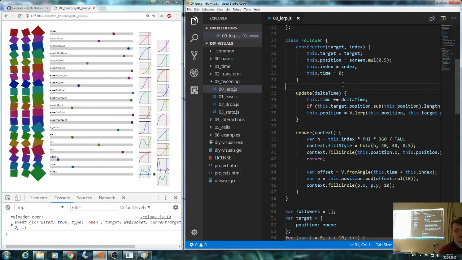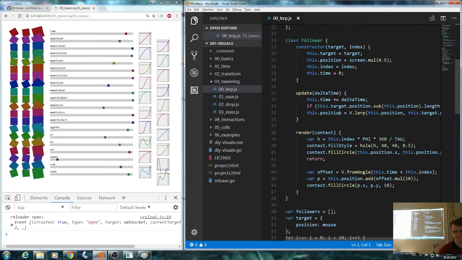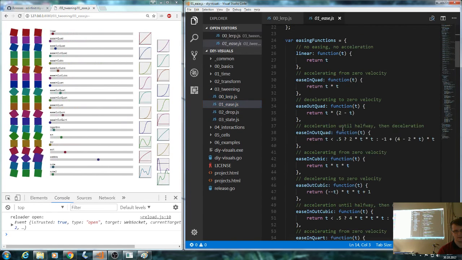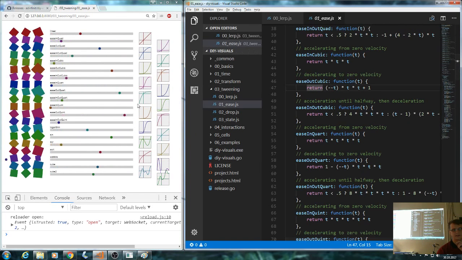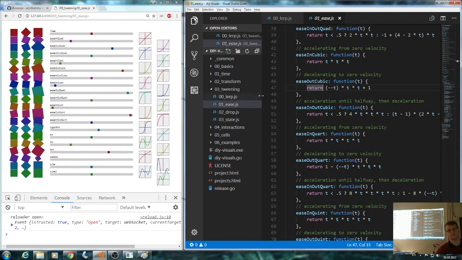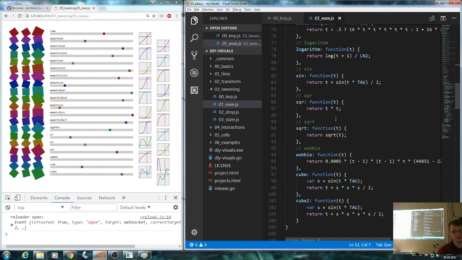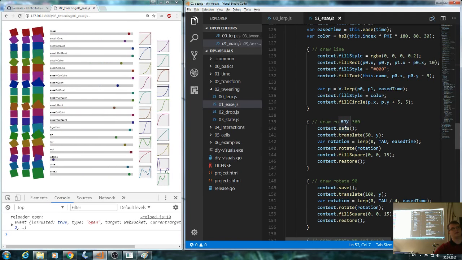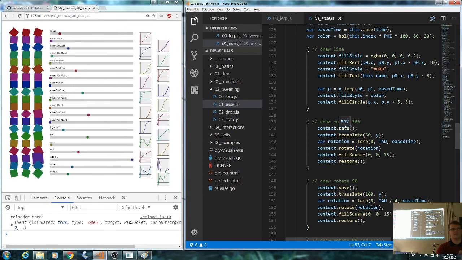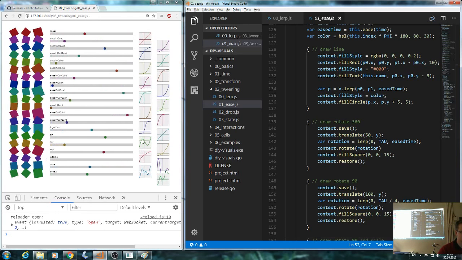So we have this many of these functions. They all start at 0 and end at 1. Now, instead of this exact time value, we can use this modified time value that has a different path.